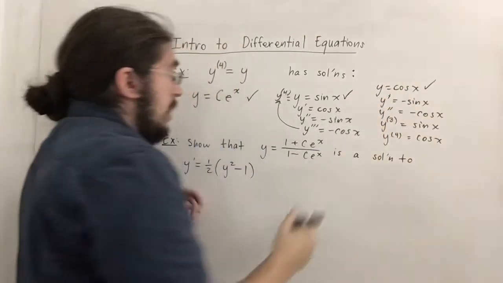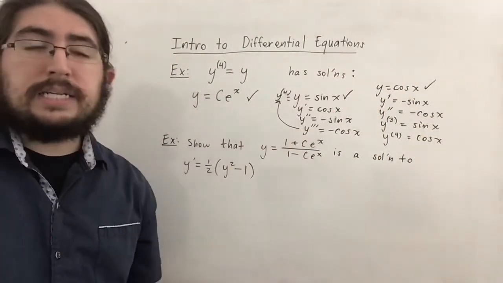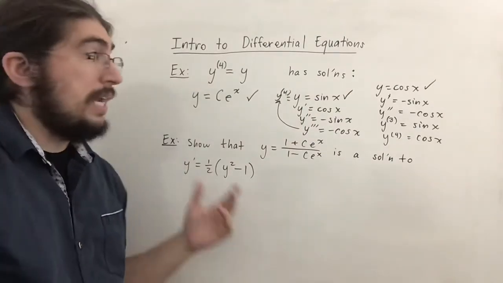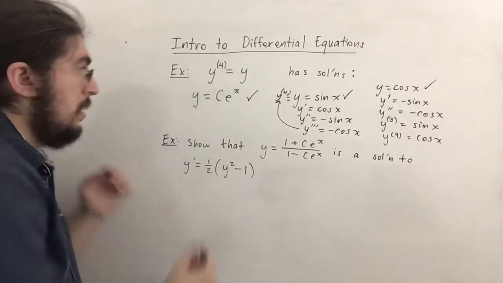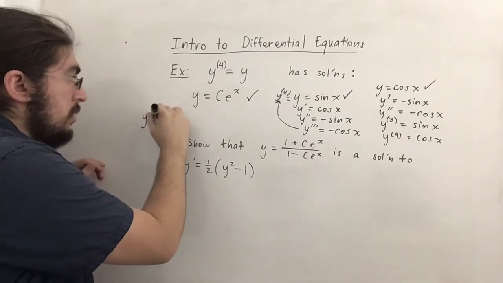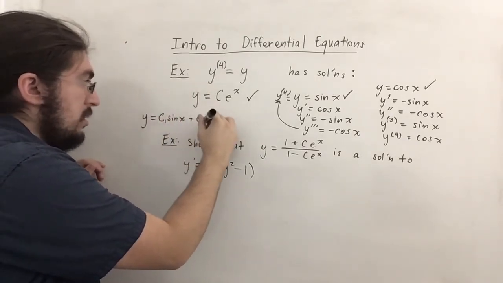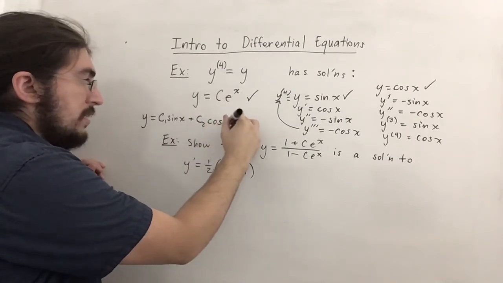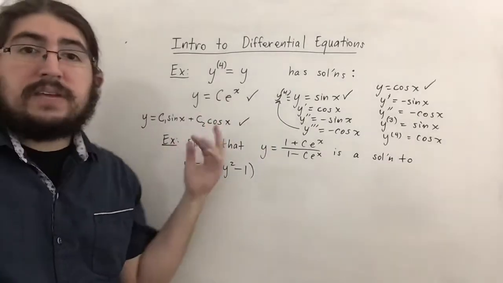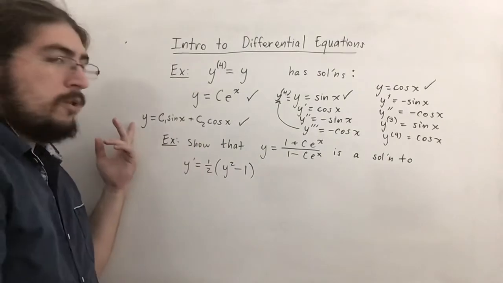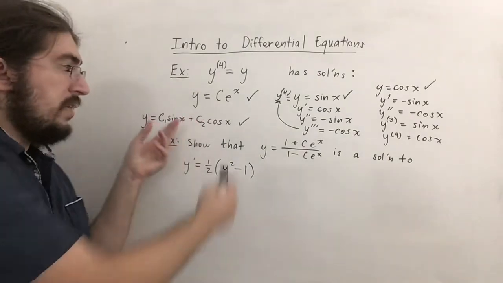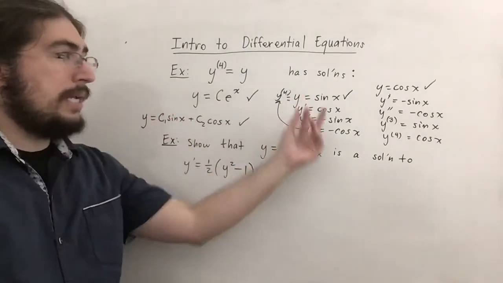And, like we saw here, we can multiply these by constants, and even further, we can actually add those, believe it or not. So another possible solution is c1 times sine of x plus c2 times cosine of x. And this should be fairly obvious why this is true. If you take the fourth derivative of this, it's the same as taking the fourth derivative of each of these, and we know what those are, they're back to themselves.